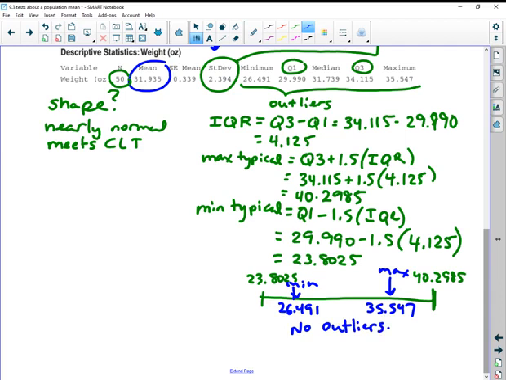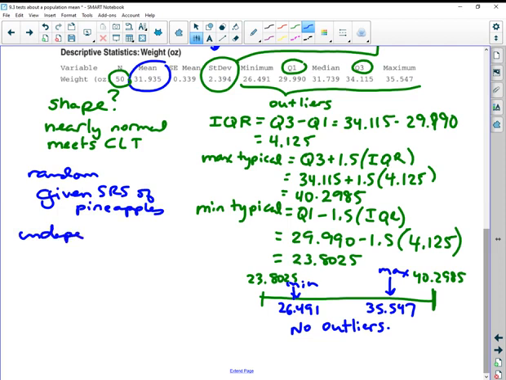That's good, because we should actually check our conditions, our randomness. Random: it was given an SRS of pineapples, so that meets that. Independent: they're making money growing pineapples, a finite number of pineapples out there, so the 10% condition is required.